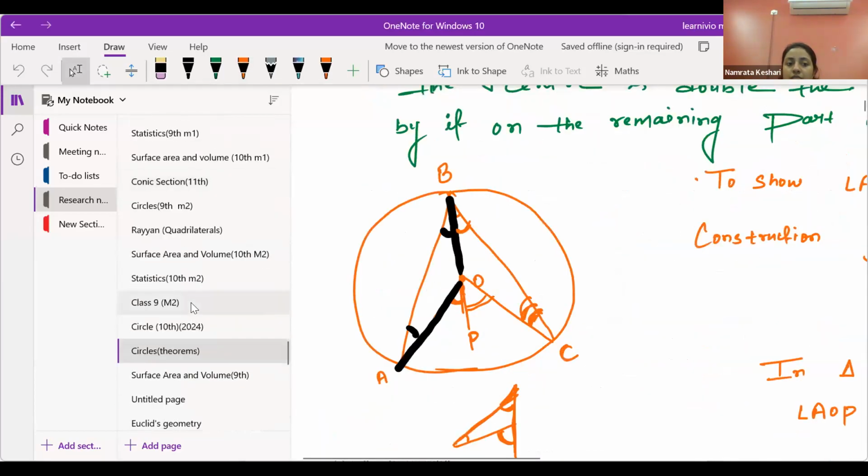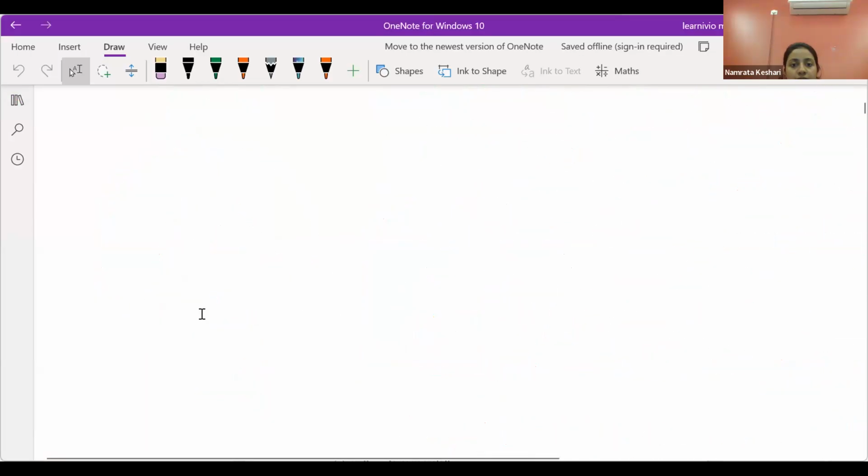Circles, first you need to prepare all the theorems, right? Yes, ma'am. Okay, and then questions I am taking from circles.